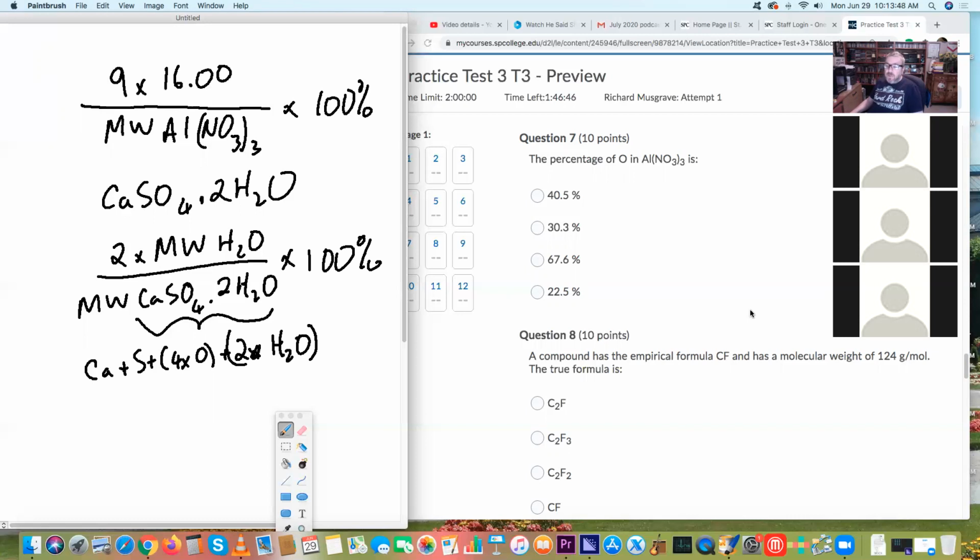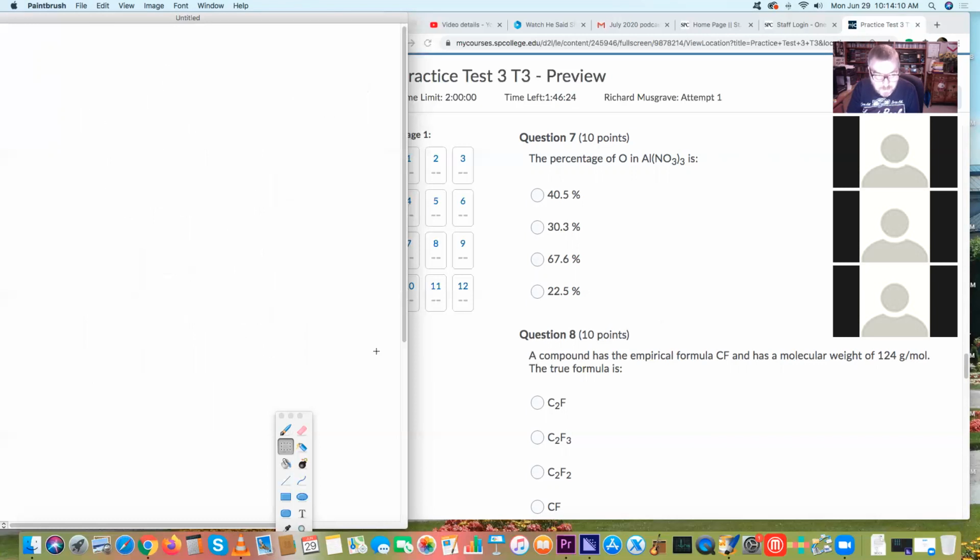See, an empirical formula is only a mole ratio. So C2F2, C3F3, C4F4 are still valid mole ratios that would fit CF, but we need to figure out which one it is that would match that molecular weight. I think the easiest way to do that is to find out what the empirical weight of CF is.